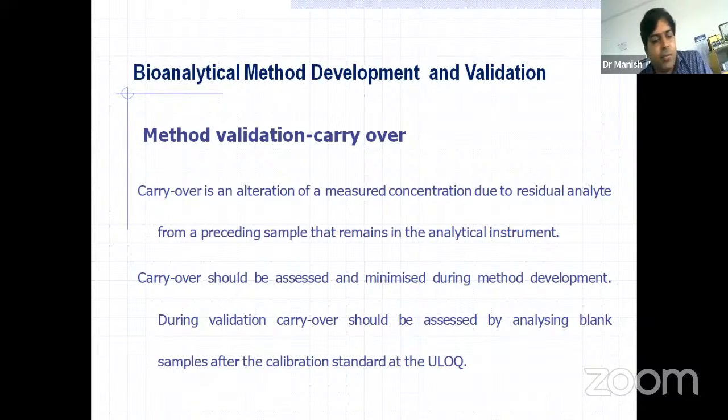So to prevent that, we need to inject a blank sample, and if the blank sample has given any response, that should not be greater than 20% of LLOQ and not greater than 5% of the internal standard in the LLOQ.